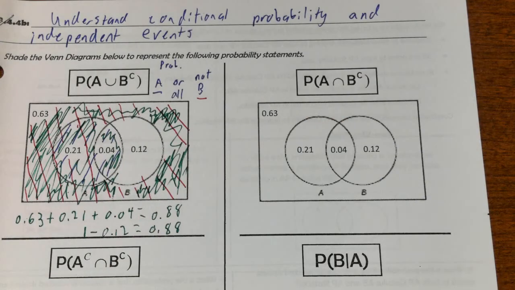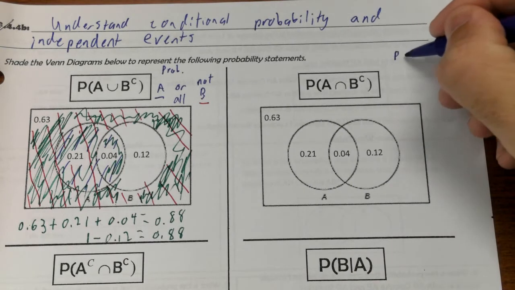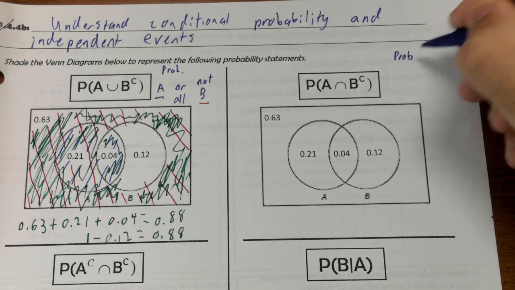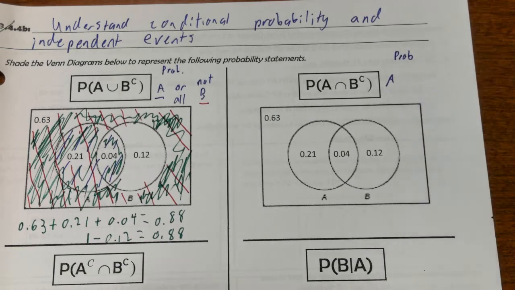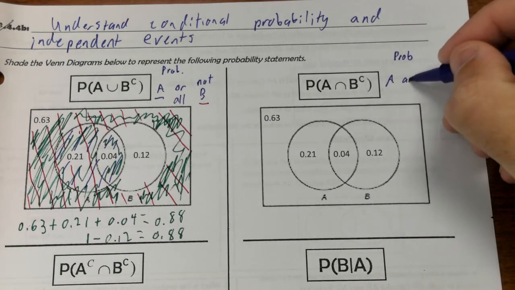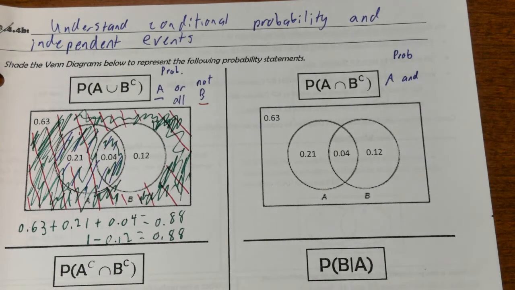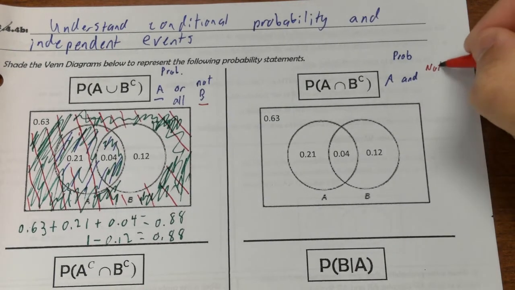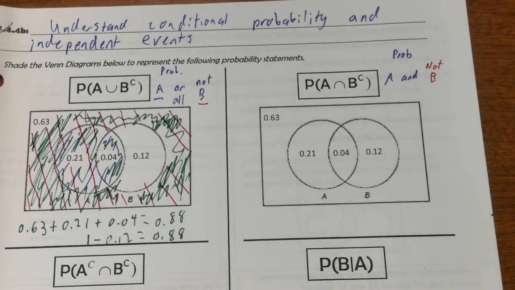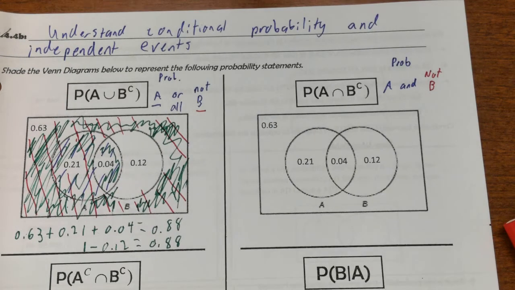Now what about this one? Well, this is very similar. In this case we have the probability that we have A and not B. Now in this case, I don't know if you can distinguish between the red and the purple, but I can.